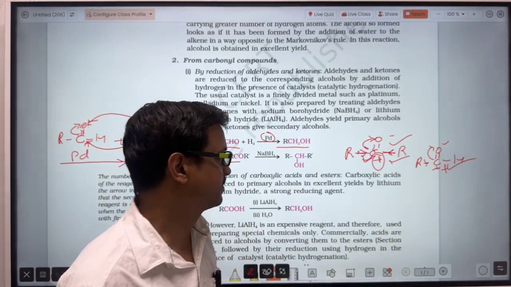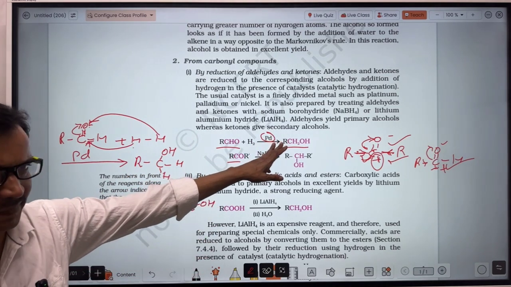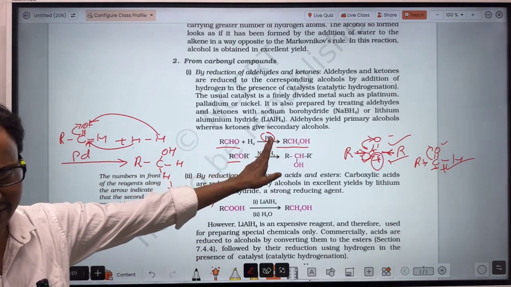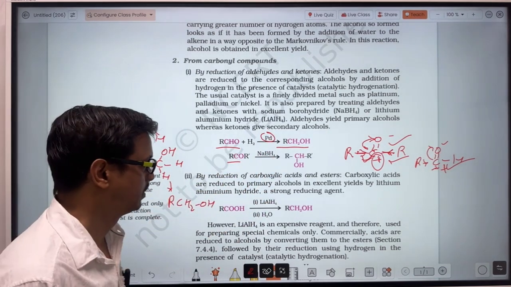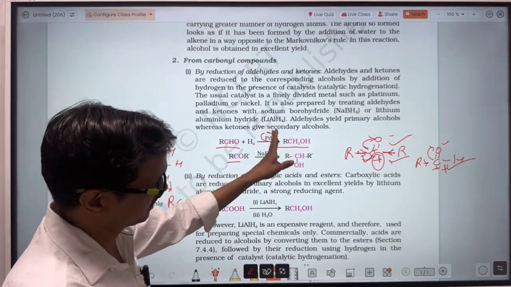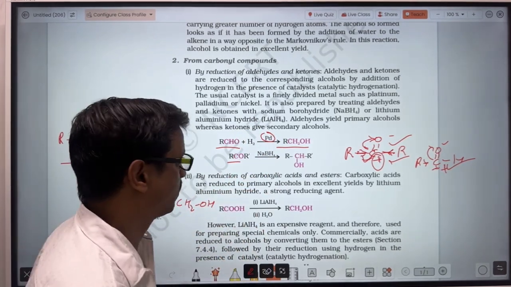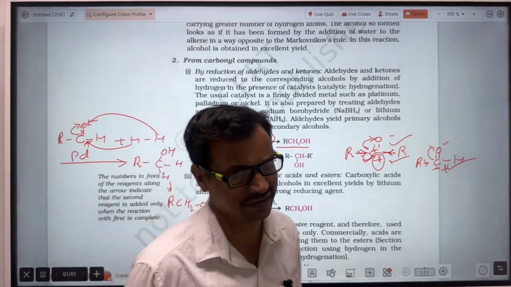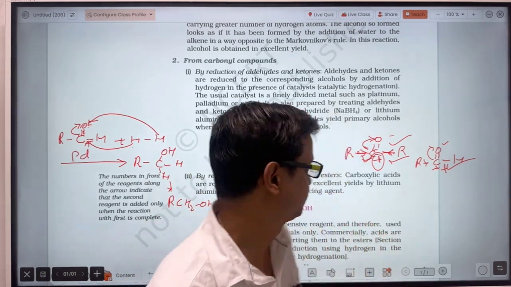That's the reason aldehyde reacts with hydrogen in presence of noble metals: platinum, palladium, nickel, whatever you would like to take. Here palladium has been taken, but any noble metal works, because the role of these metals is only to provide surface area to the hydrogen.